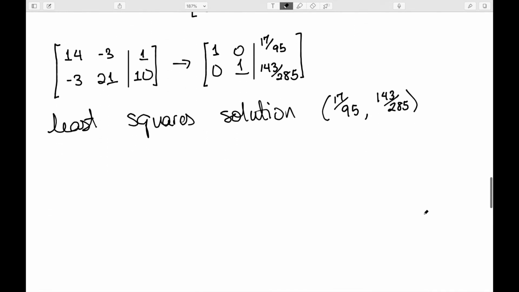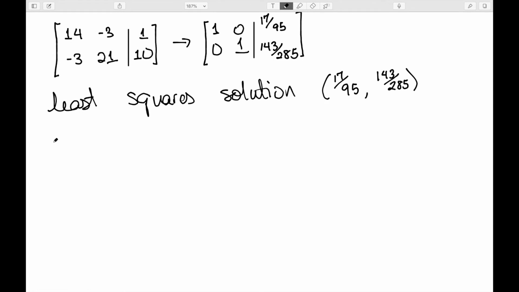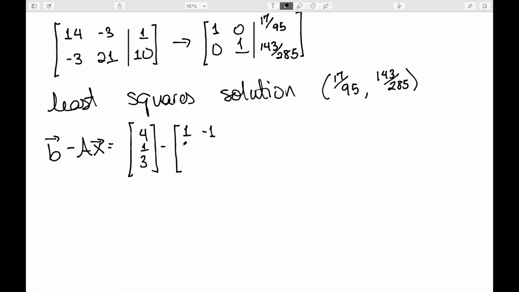Now that we have our least squares solution, let's try to find the error. b minus Ax. b was my vector 4, 1, 3, minus the matrix A, which was 1, negative 1, 3, 2, negative 2, 4, times x, the solution I just found, 17 over 95, 143 over 285.